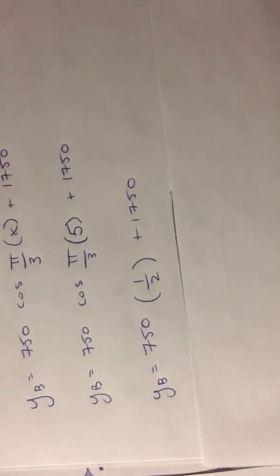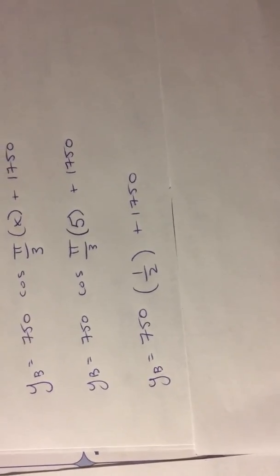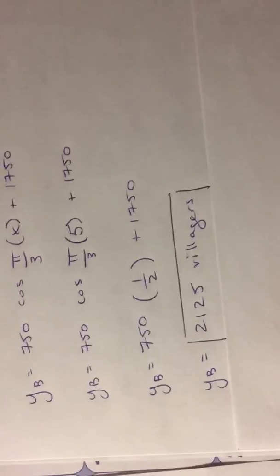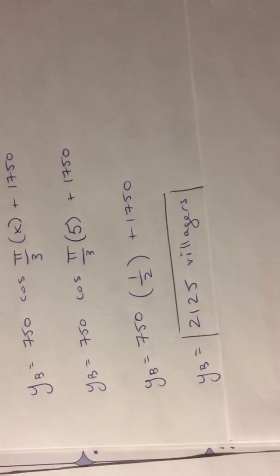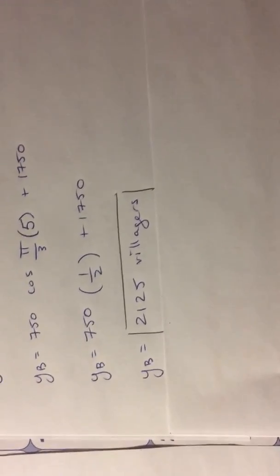Find the cosine of that, and you'll get 1/2. Remember to be working in radians on your calculator. 750 times 1/2 plus 1,750 gives me a population of village B of 2,125 villagers.